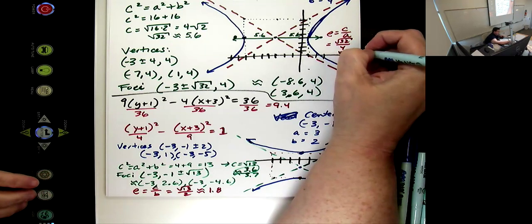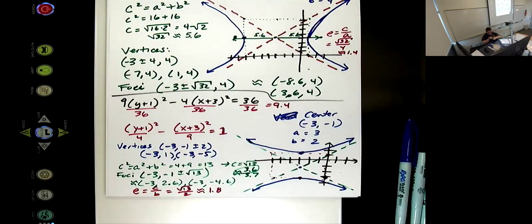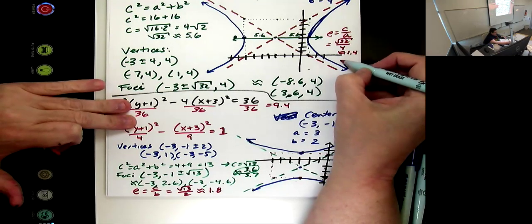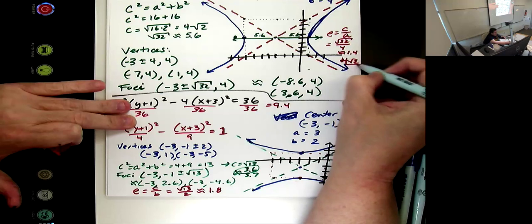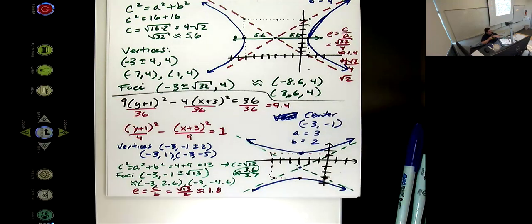That would just be root 2, because that's 4 root 2 over 4, which is root 2, about 1.4. I was doing 5.6 divided by 4, but I know the square root of 2 is 1.4-ish.